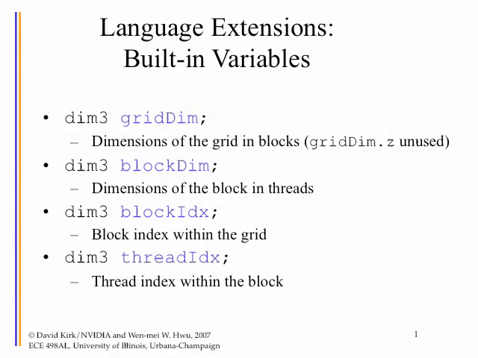Language extensions. So, we actually talked a little bit about this. We're using these built-in variables such as gridDim, such as blockDim. Remember, you saw some of these things in the source code, and these things are really what we call the dim3 data types.